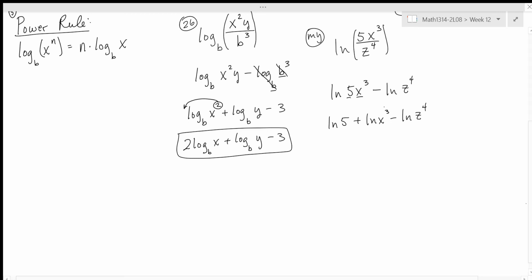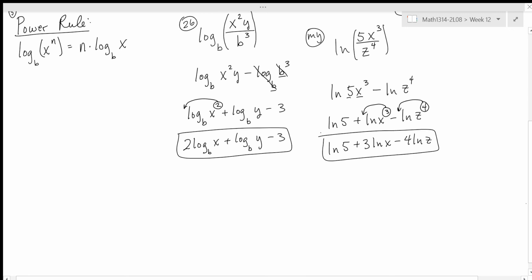And so where do the powers get to go? Down to the front. Bam, down to the front of their logs. Last step, natural log of 5 plus 3 natural log of x minus 4 natural log of z. And that is expanded completely.